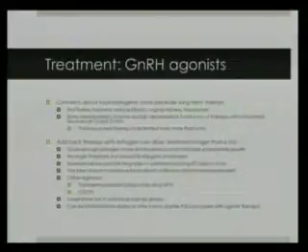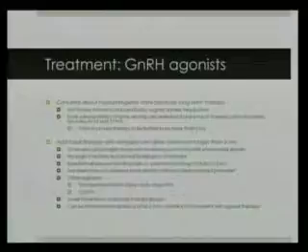You can use add-back therapy with estrogen to allow you to treat this patient longer than 6 months in these severe cases, but that's not going to be the first line that you think. You want to give them enough estrogen to prevent the bone loss, but not stimulate the endometrial growth. There's not a general single threshold, but they say about 30 to 40 picograms per mL of estradiol should be sufficient.